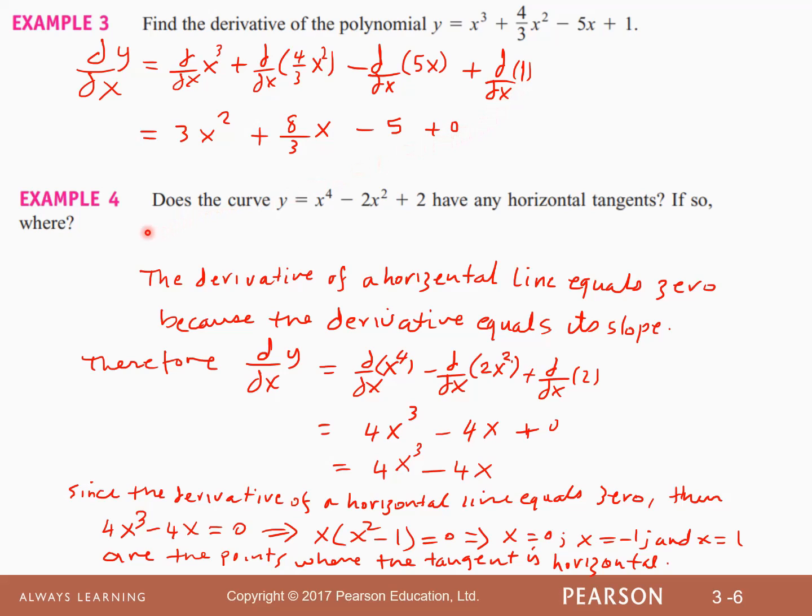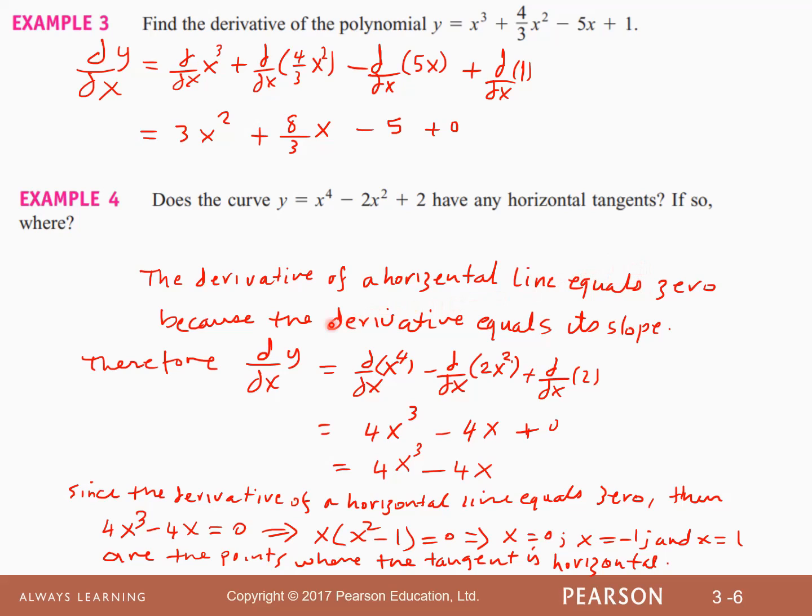Now, example number 4. Does the curve y equals x to the power 4 minus 2x squared plus 2 have any horizontal tangents? If so, where? The derivative of the horizontal line equals 0. Why? Because the horizontal line's slope is equal to 0, and the derivative and the slope are the same.